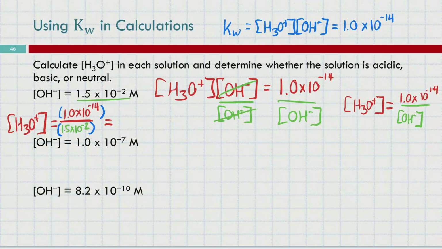The number that you should have gotten is 6.67, or 6.6 repeating, times 10 to the minus 13. And our units would be molar. If you got something significantly different from that, it's possible that you didn't put parentheses around your number on the bottom, or something else happened.